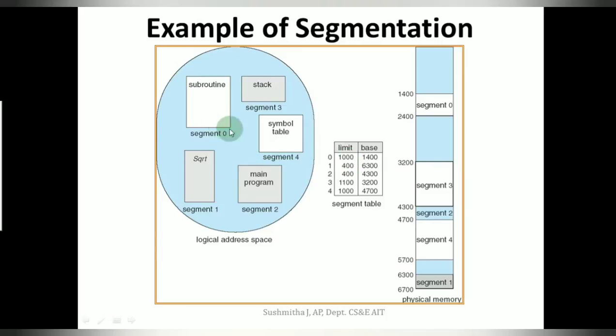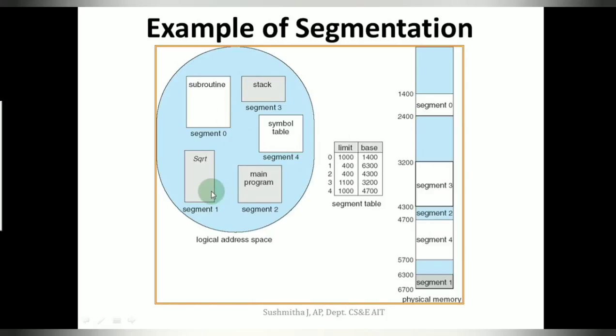For segment 0, the starting address is 1400 and the length is 1000, so the range is 1400 to 2400.